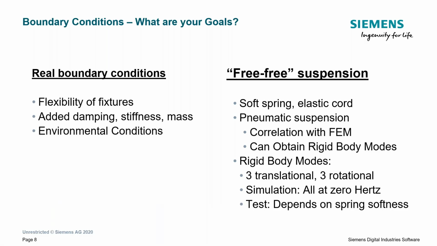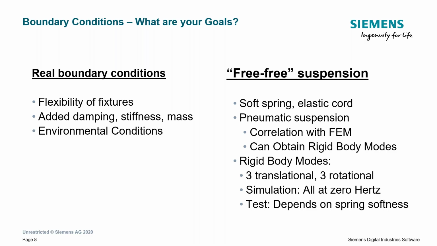Okay, so boundary conditions. It depends on our goals, is the point here of this slide. So real boundary conditions, if we look at that as an example, most of us are familiar with an automotive vehicle, and on an automotive vehicle, we might have different components.